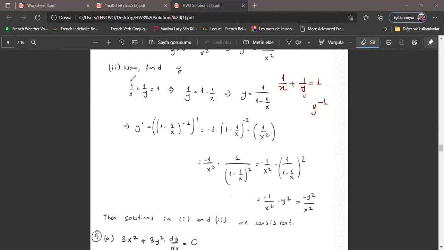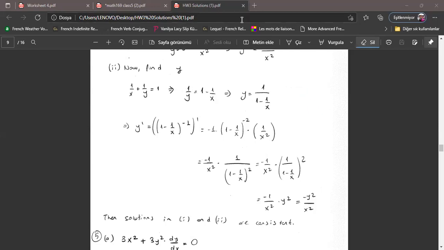So we were given this function, 1 over x plus 1 over y is equal to 1. We isolate 1 over y first, and then it follows that y is equal to this quotient, right?